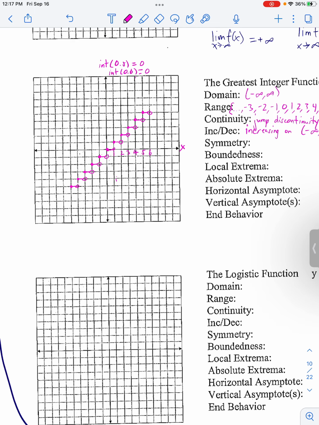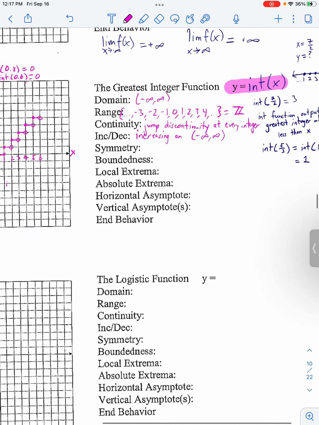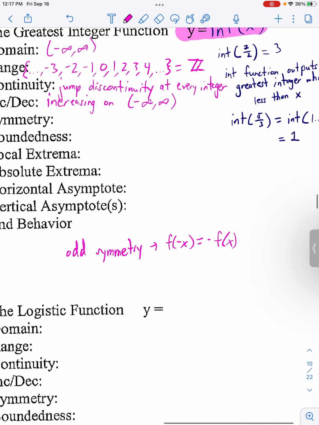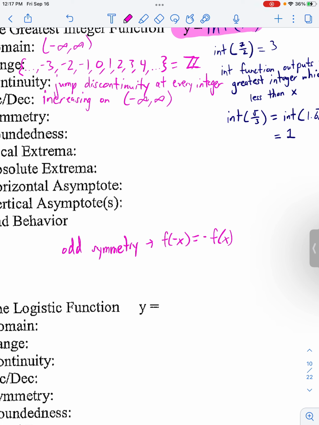All right. Let's think about this. I don't think there's odd symmetry. Recall that if a function has odd symmetry, then that implies that f of negative x equals negative f of x. So let's think about this. Int of negative 1 would be equal to negative 1, right? Int of positive 1 is 1, right?